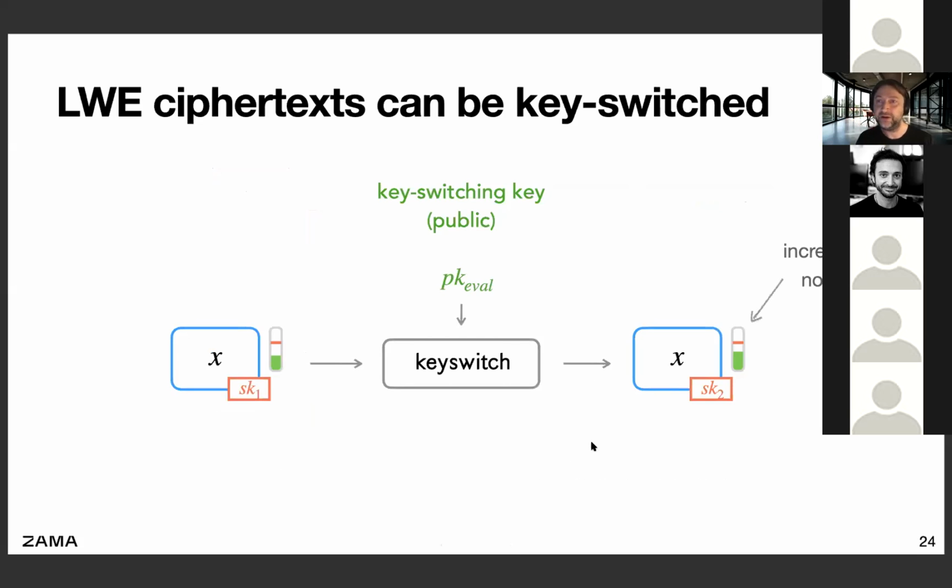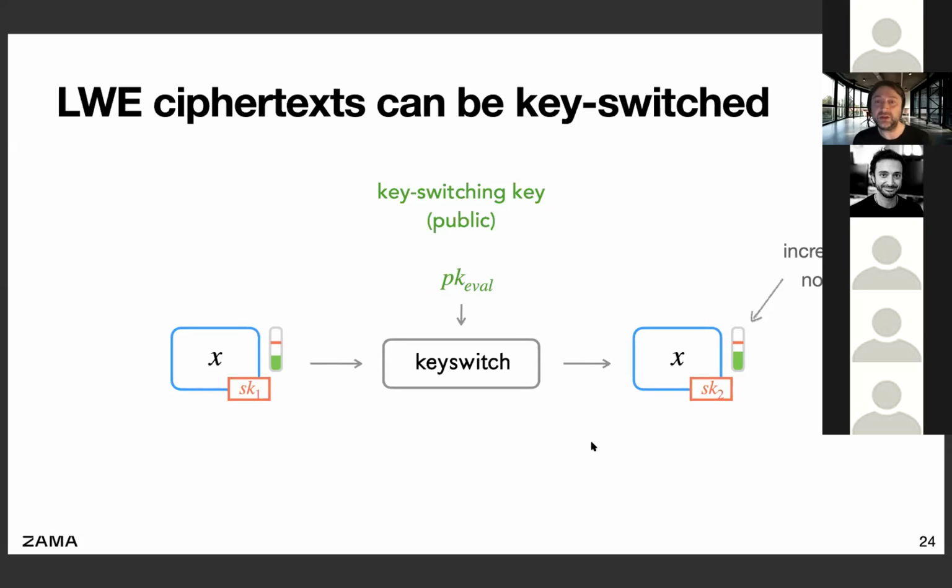But another interesting operation that we have is the key switch. If you have an encryption of X under a certain key SK1, you can apply a key switch operation resulting in another ciphertext. Both of them are LWE ciphertexts, but the outgoing ciphertext is encrypted under a different key.